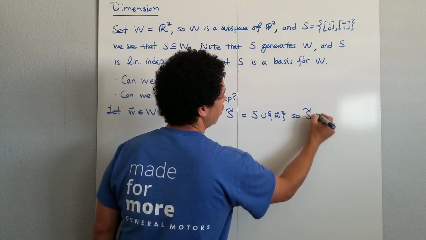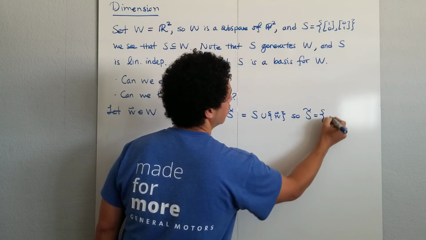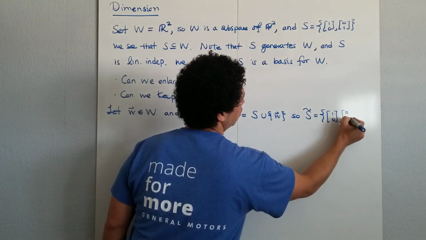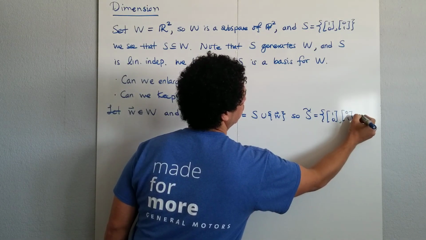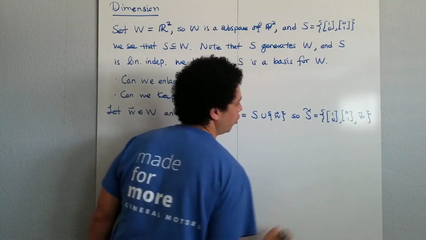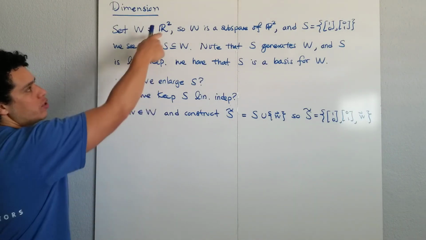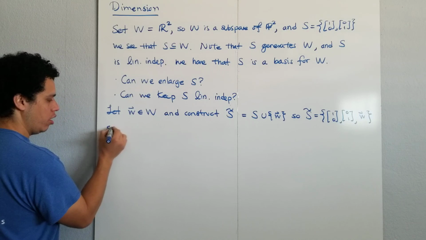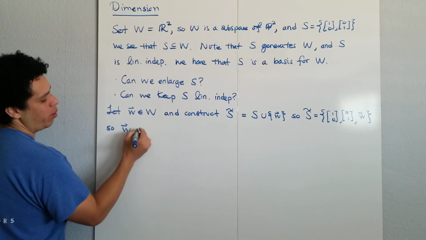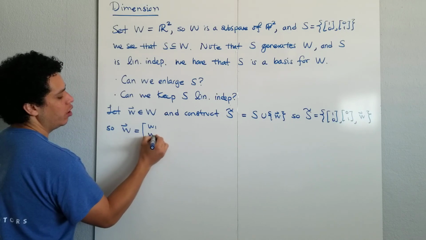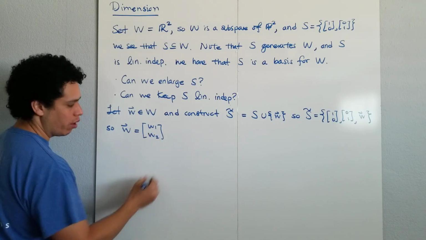So S tilde is simply the set (1, 0), (0, 1), w. But as we know, W is all of R2. So this little w vector can be written as (w1, w2).